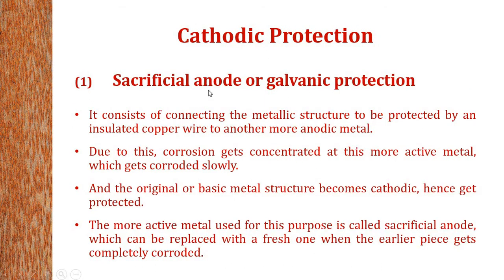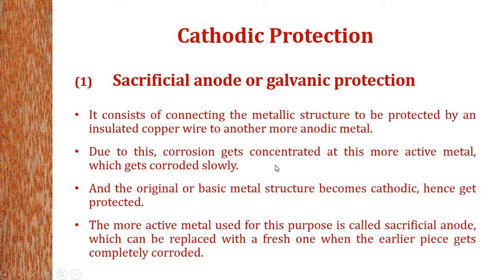Let us first see the sacrificial anode protection, also known as galvanic protection. The name galvanic protection is given because we form a galvanic cell with this metallic structure by connecting it to another metal which is more anodic than the metallic structure, connected by insulated copper wire.